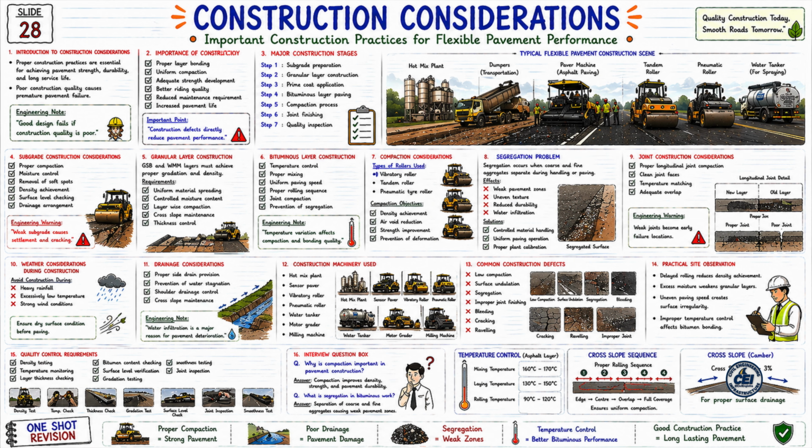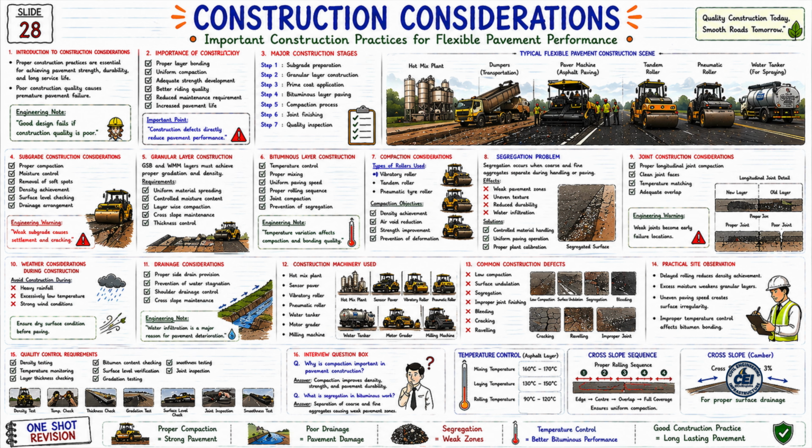Delayed rolling reduces density achievement. Excess moisture weakens granular layers. Uneven paving speed creates surface irregularity. Improper temperature control affects bitumen bonding. And these are the issues that are most commonly seen during field inspection.